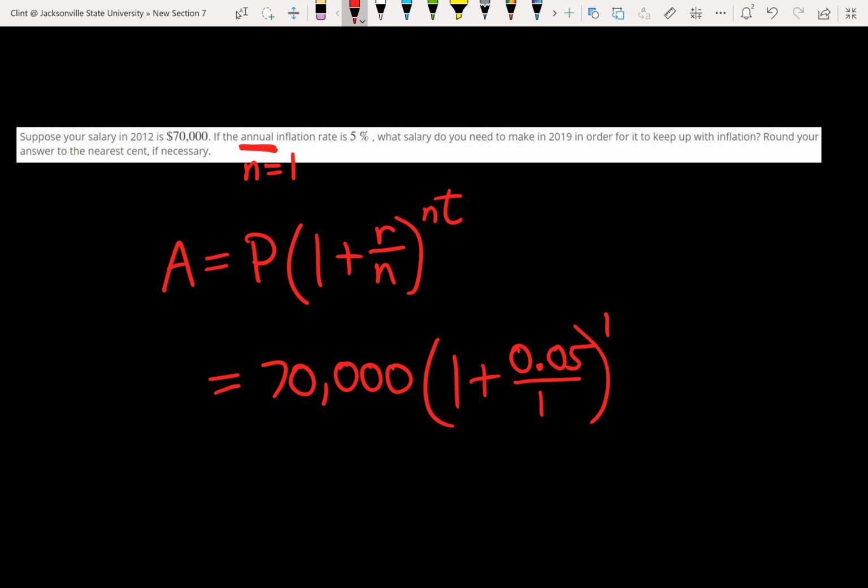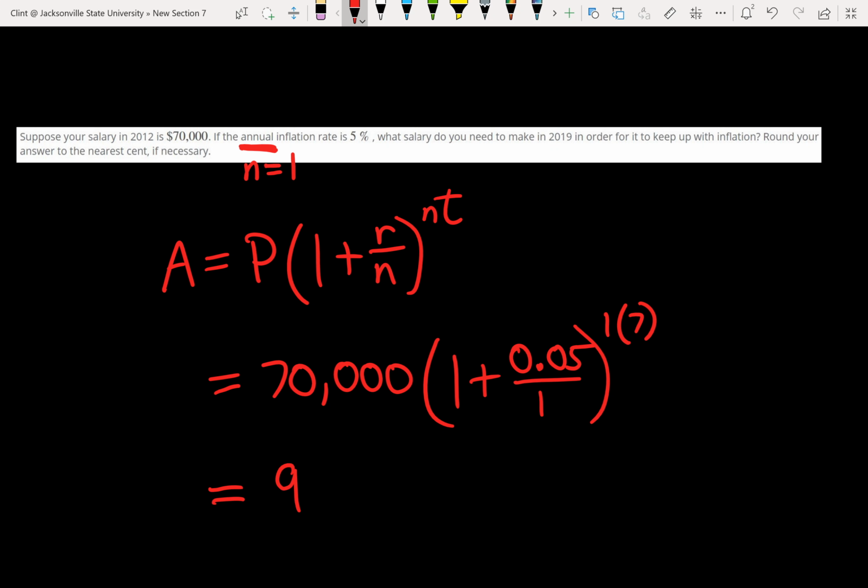So 2019 minus 2012 will be 7 years. So what I'm typing in my calculator is 70,000 times parenthesis 1 plus 0.05, and since that's over 1, you don't have to put it. And then I'm going to close parenthesis and raise my set of parentheses to the 7th power.